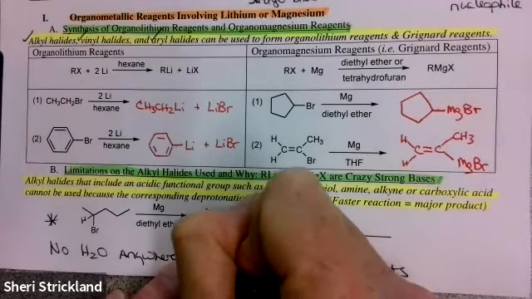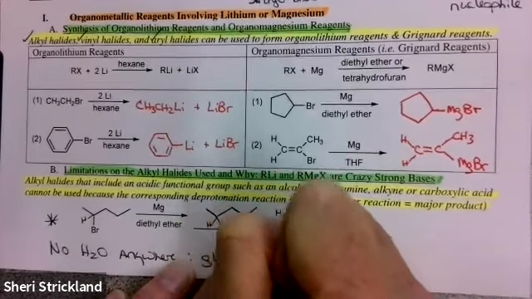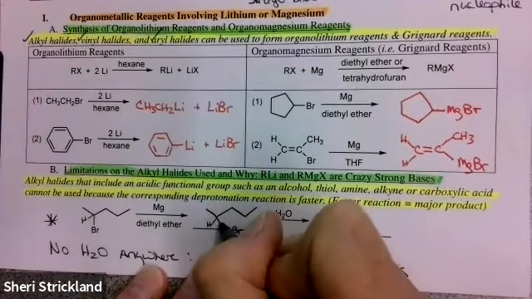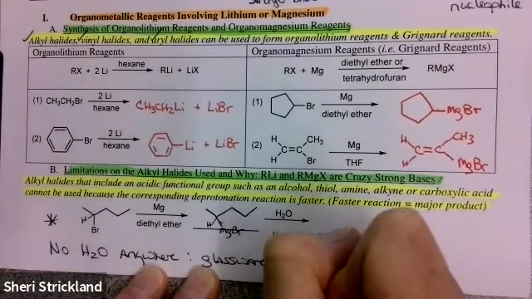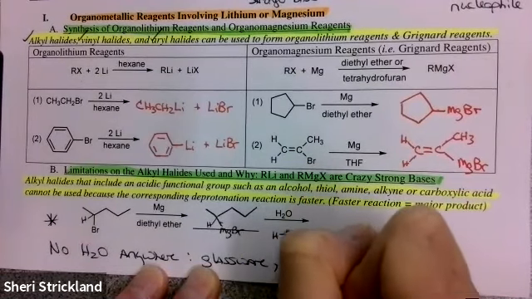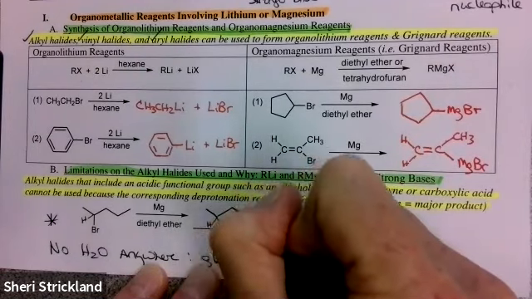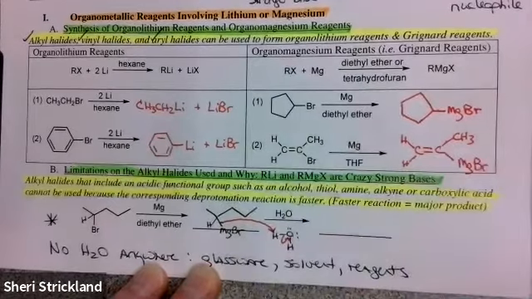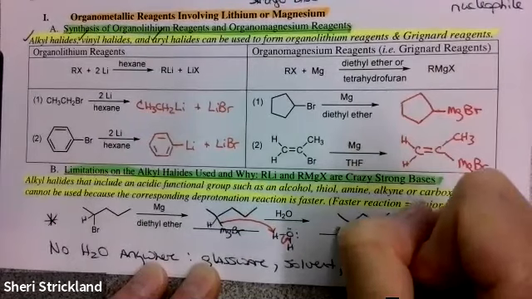So you would initially form a few molecules of this, but then these electrons right here attack the water, conceptually like this. And boom, you have destroyed your Grignard reagent.